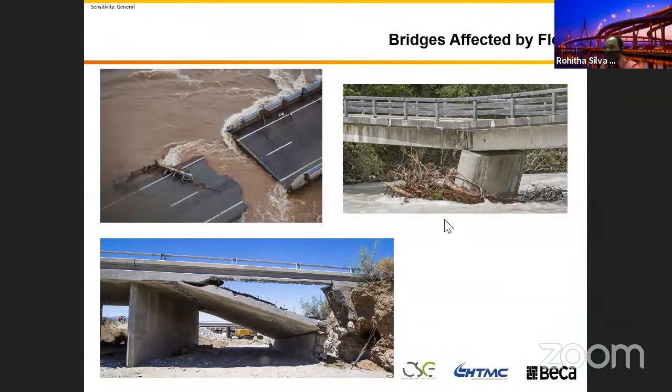You can see this picture is split into 2. In the top right-hand corner, you can see foundation instability, and the column has rotated and the bridge has rotated. You can ask 10 people to go and lift this one after the flood is over.